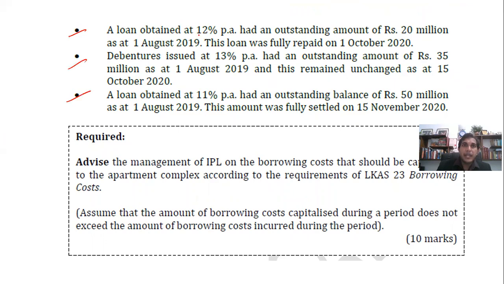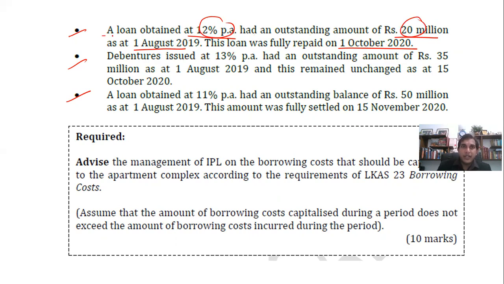The loan obtained at 12% per annum had an outstanding amount of 20 million as at 1st of August 2019. This loan was fully repaid on 1st of October 2020. Annual interest rate 12%, loan amount 20 million.